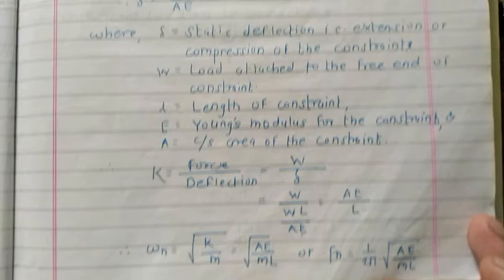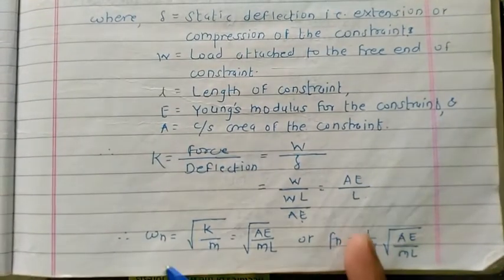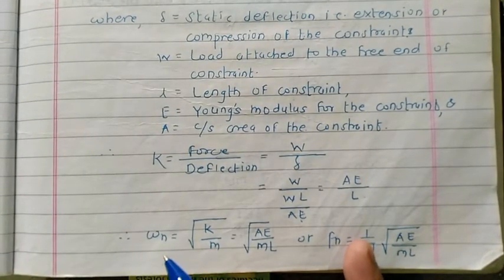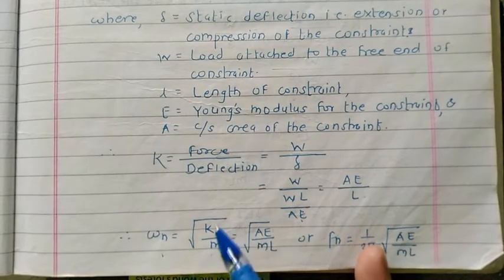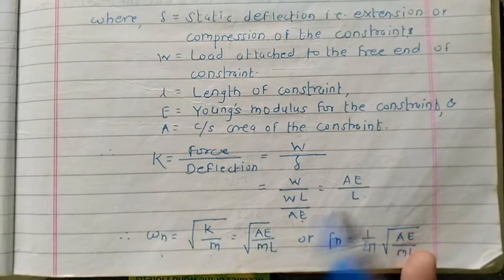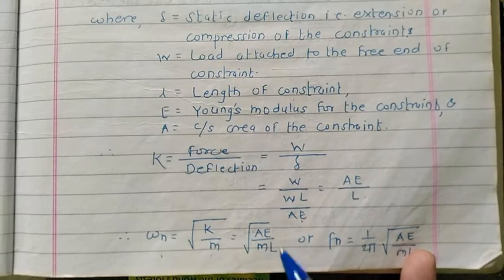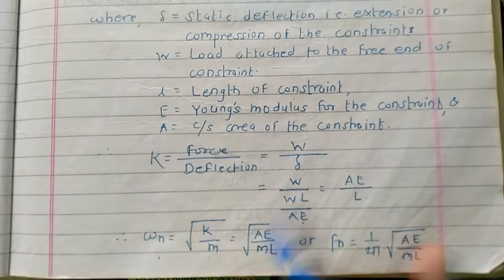This is the relation for frequency: omega n equals the square root of K by M. In this case we know K is AE divided by L. Just replace K by AE divided by L, and M will remain as it is.